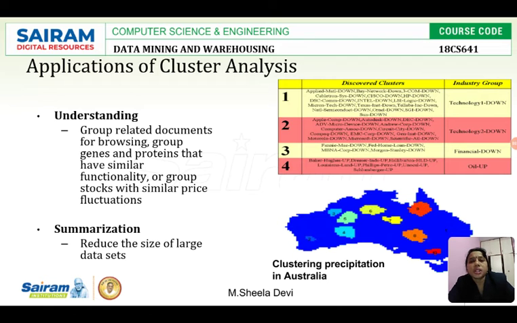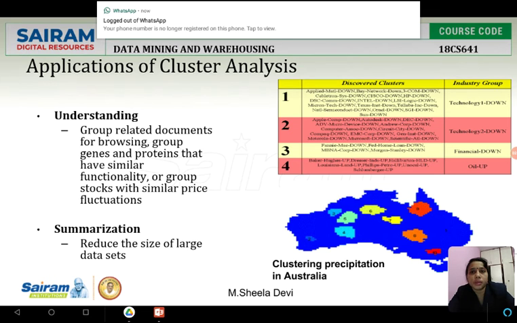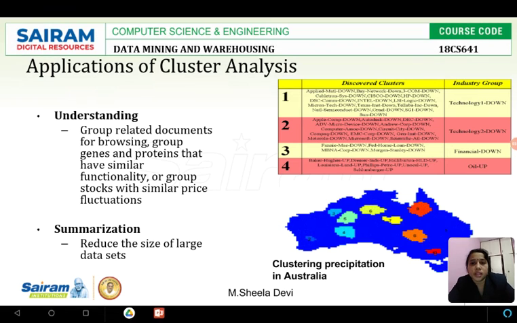Like that, based on the topic, the documents or the words will be clustered, and this is one of the applications of cluster analysis. And also for grouping the genes and proteins that have the similar functionality, and group stocks with similar price fluctuations. So these are the applications of cluster analysis.